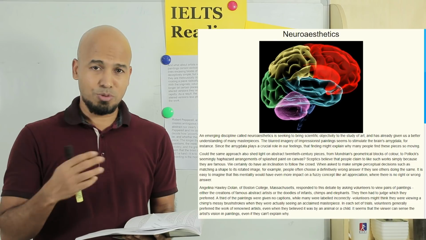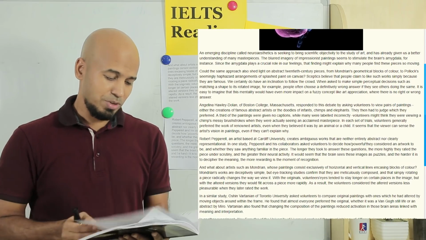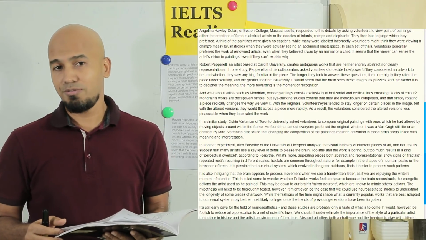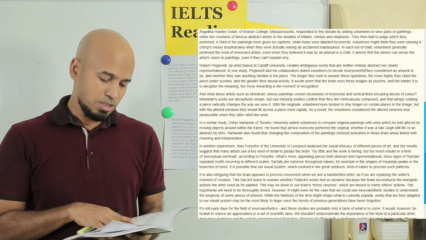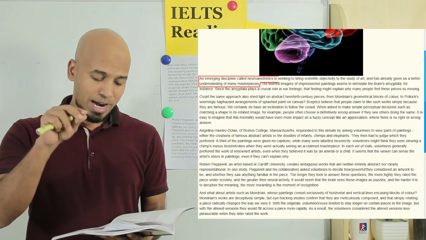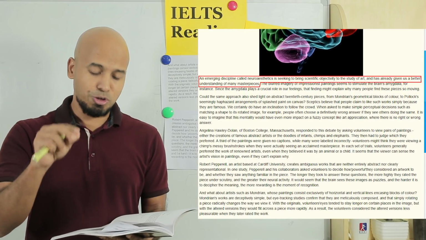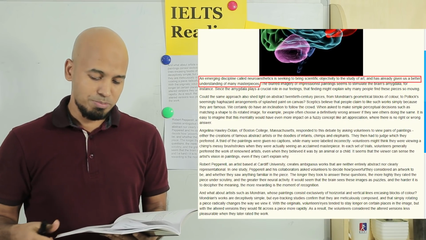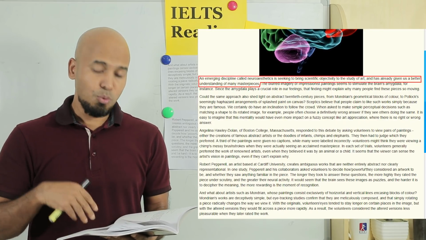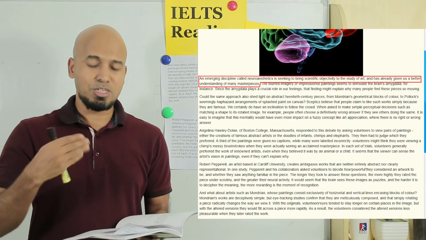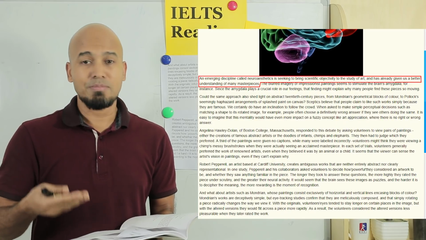If you don't understand what neuroaesthetics is, we can read the first sentence or the first couple of sentences. An emerging discipline called neuroaesthetics is seeking to bring scientific objectivity to the study of art and has already given us a better understanding of many masterpieces.